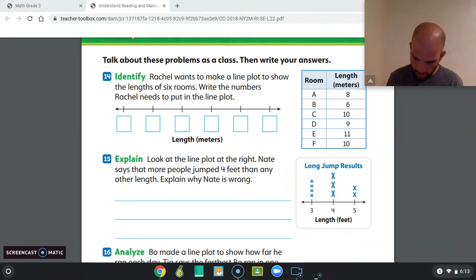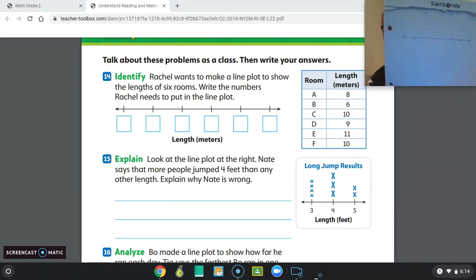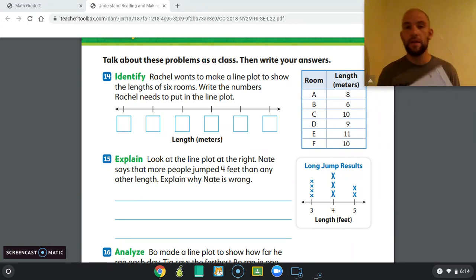So do your best to draw that right on your paper here, and we're going to do 6 little marks on here. 1, 2, 3, 4, 5, 6, and try to make them evenly spaced apart as well as you can. So it should look just like that.